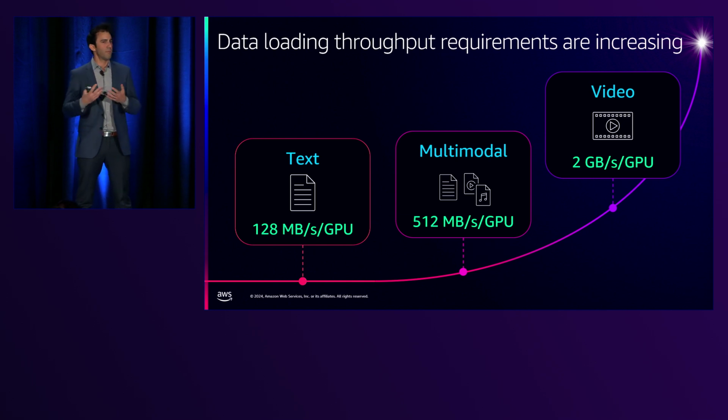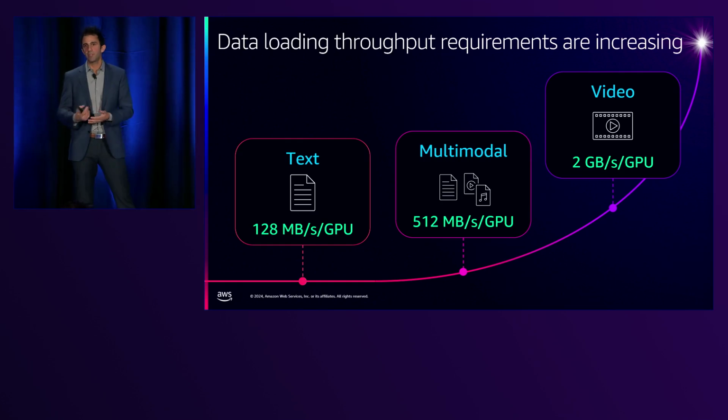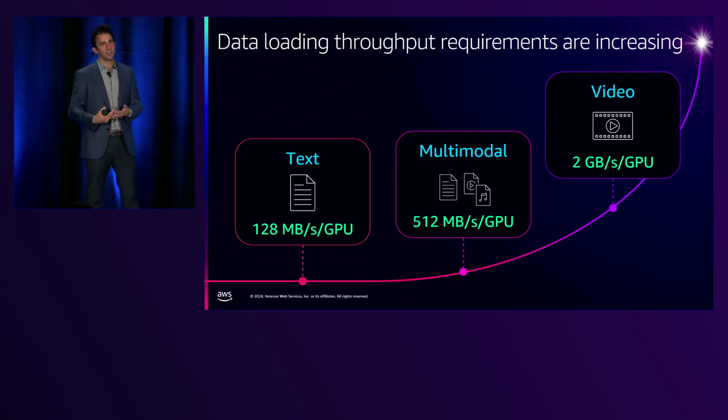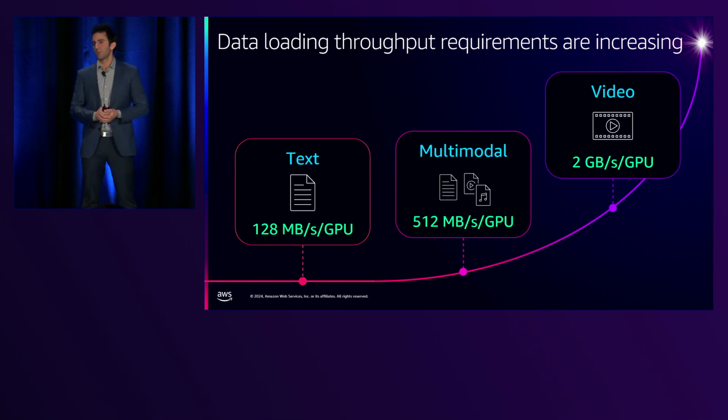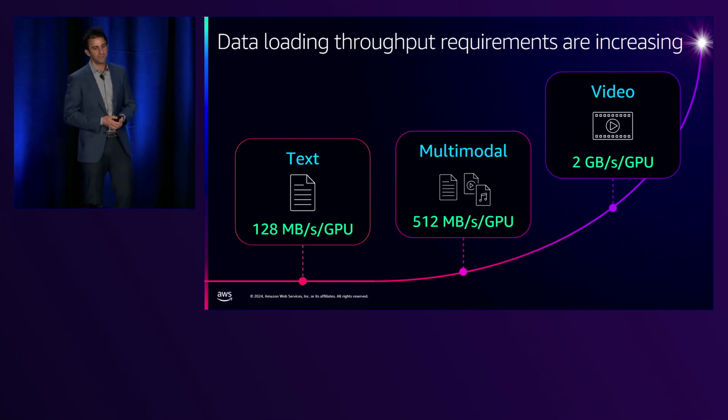As you start to look at more multimodal models or video-based models, the throughput requirements of your storage increase. And you can imagine if you've got 2 gigabytes per second of throughput that you're trying to feed to a GPU instance, and you've got 100 GPUs, the throughput requirements of your storage start to add up quickly.